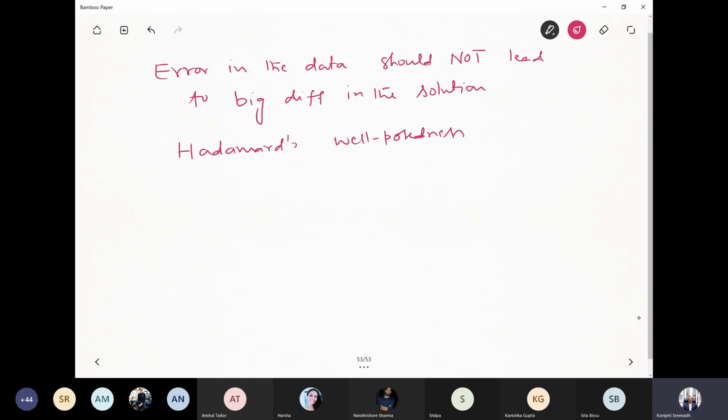So all these three points are covered in this. One is existence, the problem should have existence and it should have uniqueness, and continuous dependence.